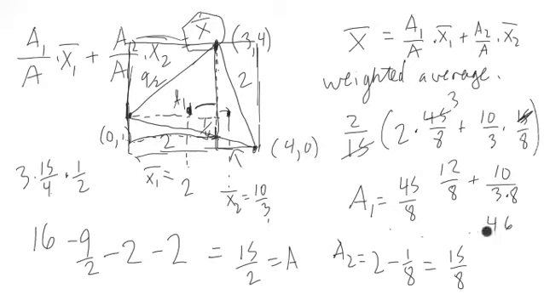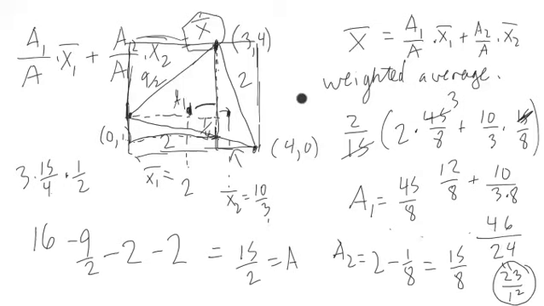So 46 divided by 3 times 8, which is 24, which we could write as 23 over 12. So we just computed what x bar is for this particular triangle as 23 over 12.